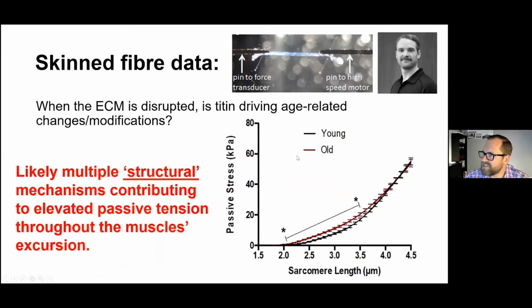This skinned fiber setup from Alex under the supervision of Dr. Steve Brown, like I mentioned, he showed a length dependence from 2 to 3.5 microns. And so what this likely indicates is that at the single fiber level, void of the extracellular matrix and collagen content that's bearing most of the passive force at higher hierarchical levels, titin and other proteins could be driving some of the age-related changes in passive tension. And this is something we're continuing to investigate.